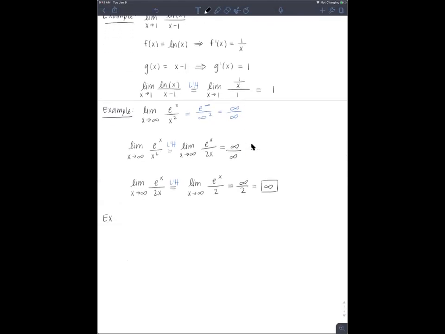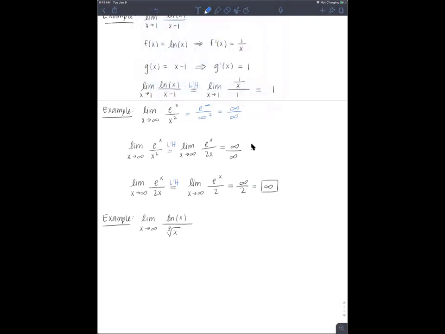Example. Let's look at the limit as x approaches infinity of ln of x over the cube root of x. Here, when I just try and plug in infinity, I'm going to get infinity over infinity again, right?